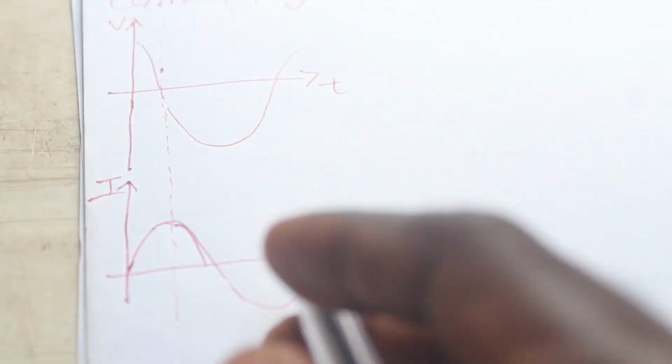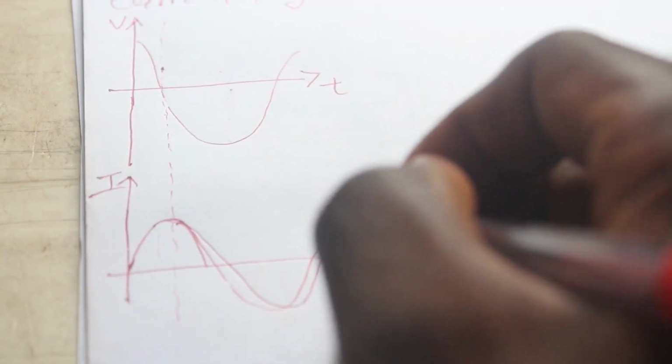A quarter of a cycle. And what do we mean by something being out of phase? It means the peaks do not occur at the same time. Also their troughs do not occur at the same time as well.